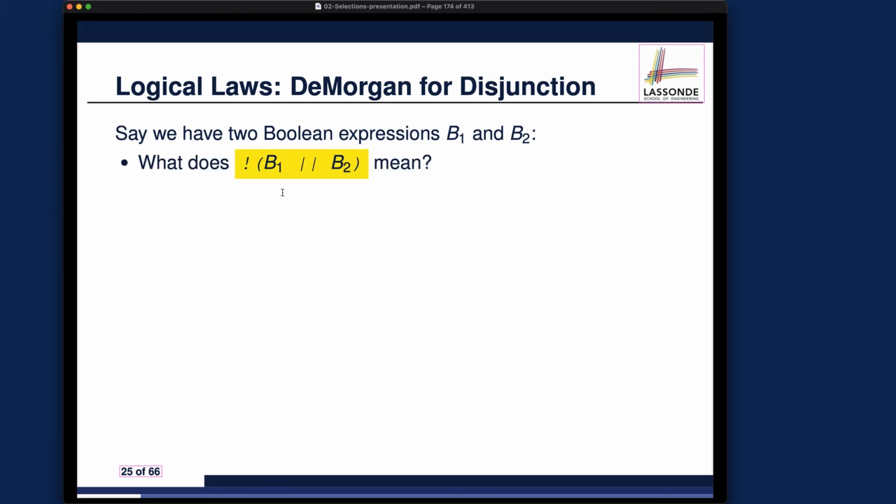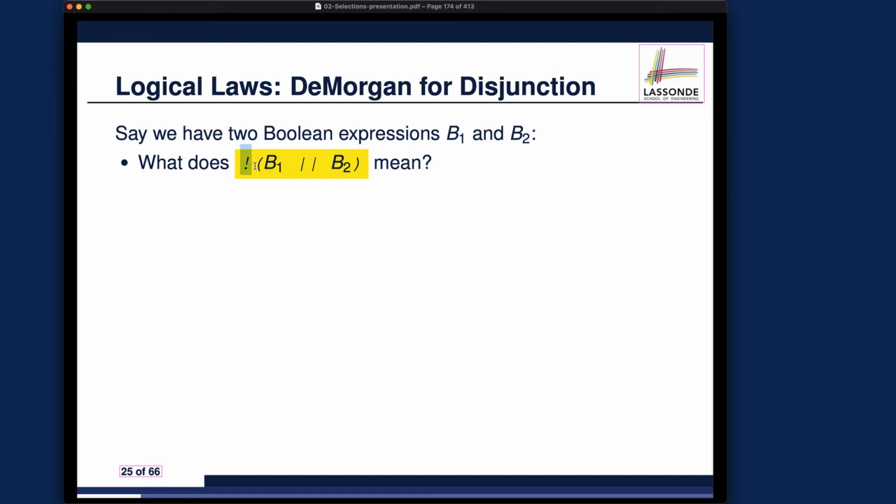It means it is not the case that B1 or B2 is true. Let me put it simpler for you. Only consider this part. What does this mean? This means B1 is true, or B2 is true, or both are true. However, none of those three possibilities is the case, because we got negation over here.